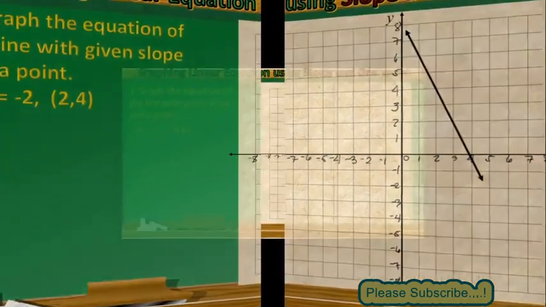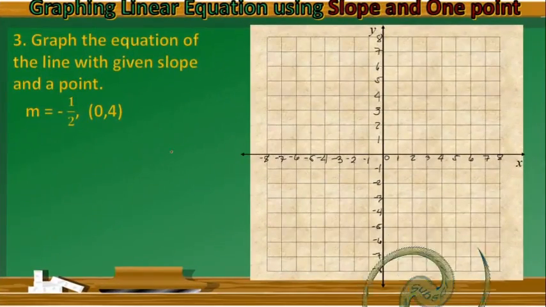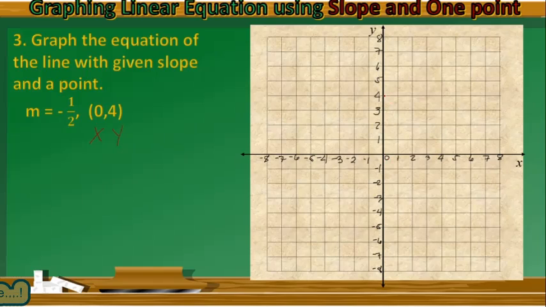Okay, next, number 3. The given is slope equals -1/2 and a point (0, 4). This is our x, this is our y. So 0 for x, 4 for y.